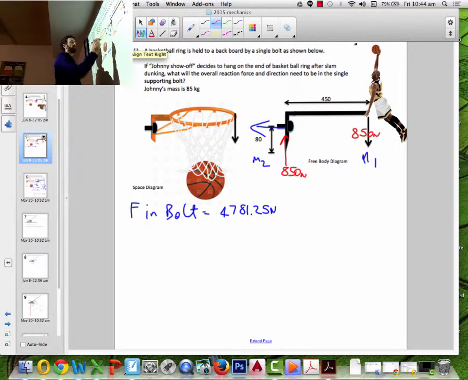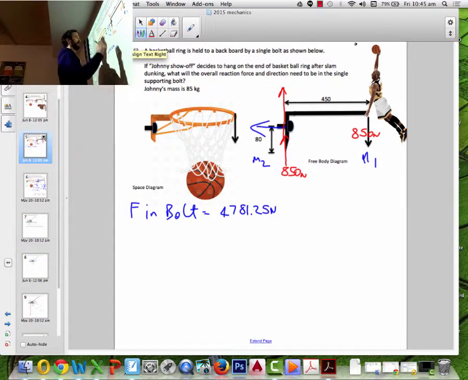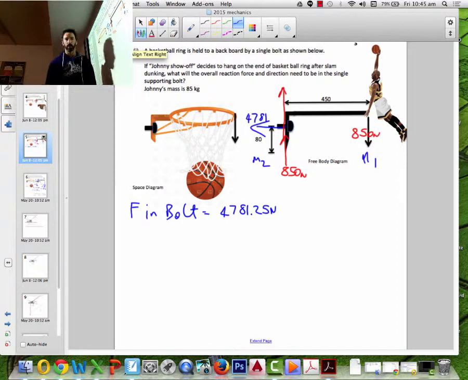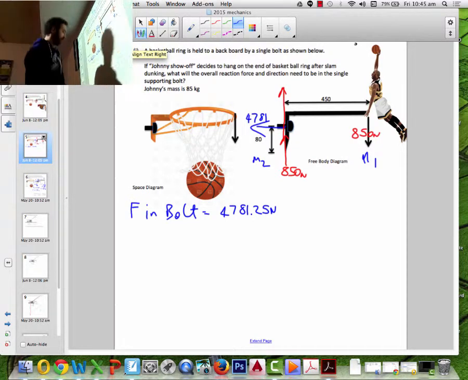So in reality, the bolt has 850 and 4,781 going in. So we have 2 components, a vertical and a horizontal component.